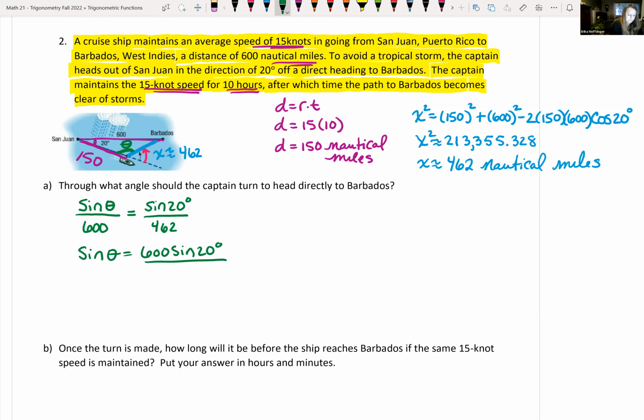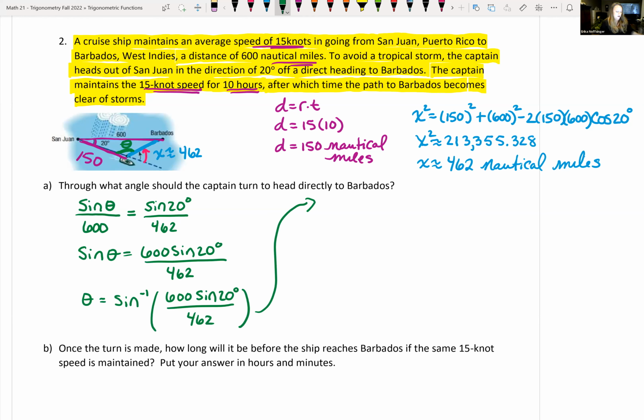Taking the sine inverse of both sides, we get that theta is approximately 26.4 degrees.